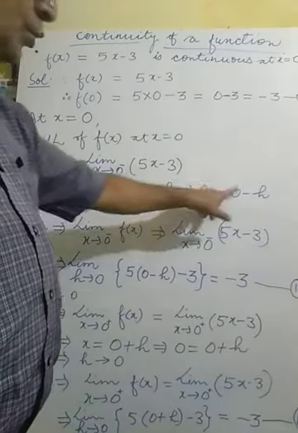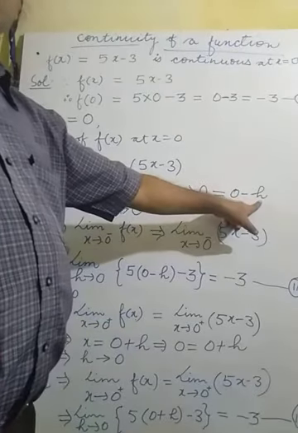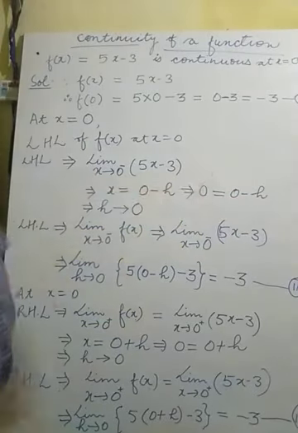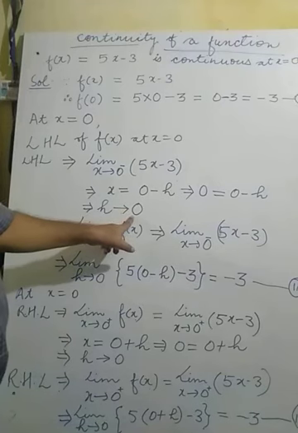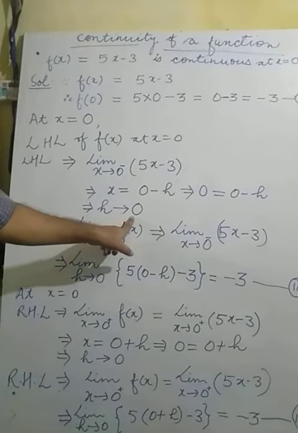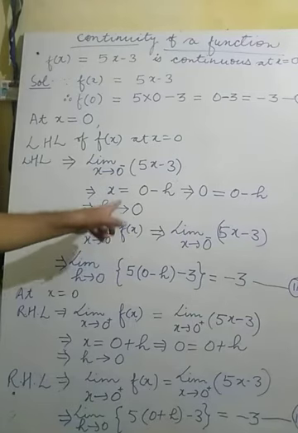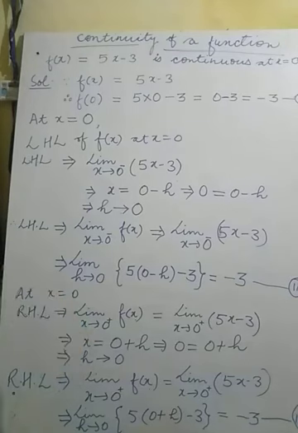So 0 will cancel to 0. It means h extends to what? The value of h is extending to 0. We have calculated here the value of h is 0, meaning approaching to 0. That's why this one is the left hand limit approaching to 0.